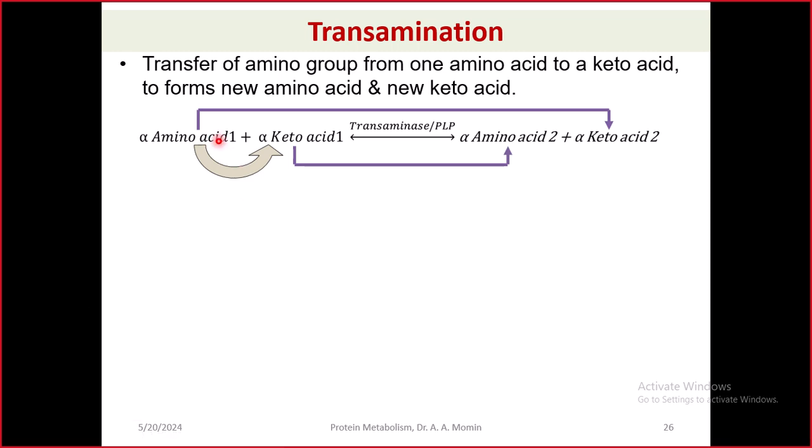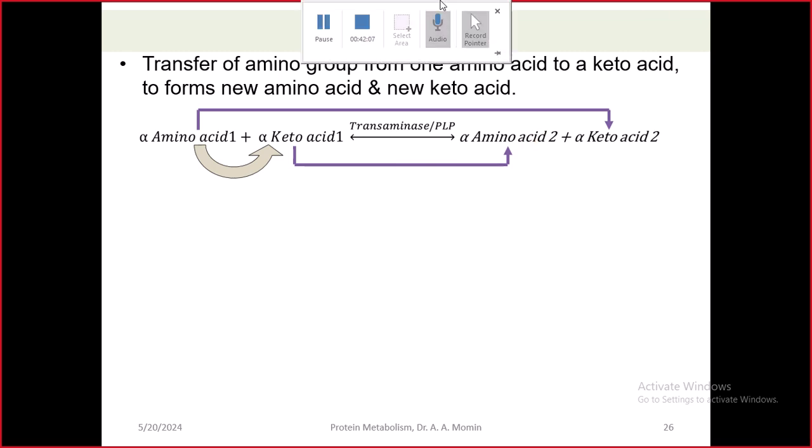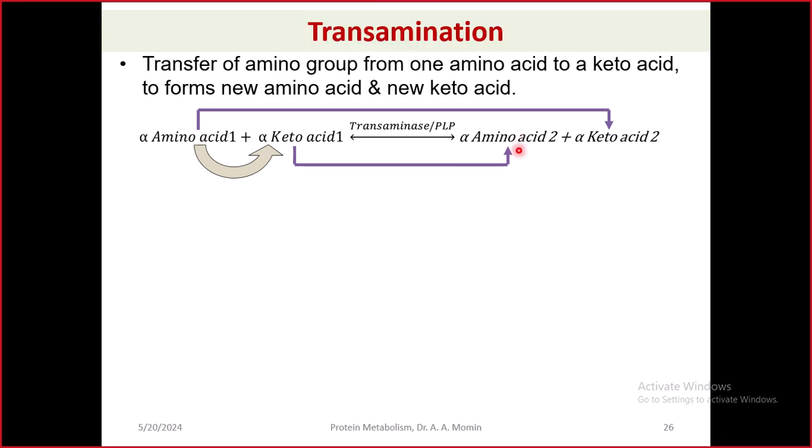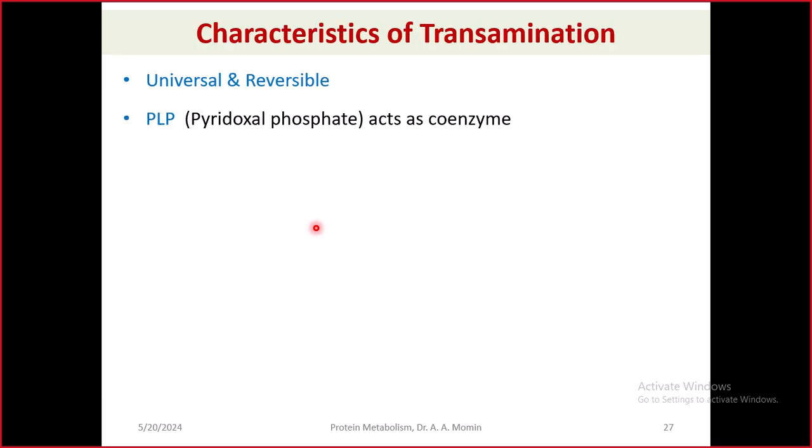The first amino acid can be converted to the second amino acid, and the second amino acid can be converted back to the first amino acid. So it is reversible.